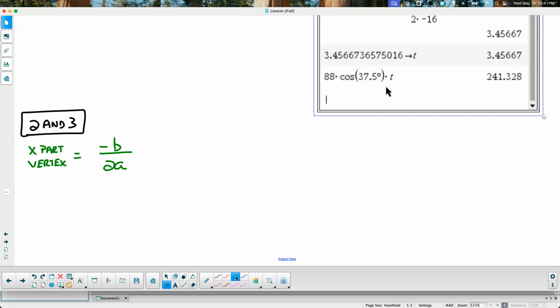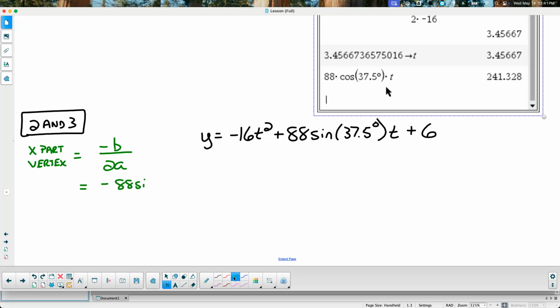So since my y equation was that, I would need to figure out the opposite of b over 2a, being negative 88 sine of 37.5 degrees. That's my b divided by 2 times negative 16.